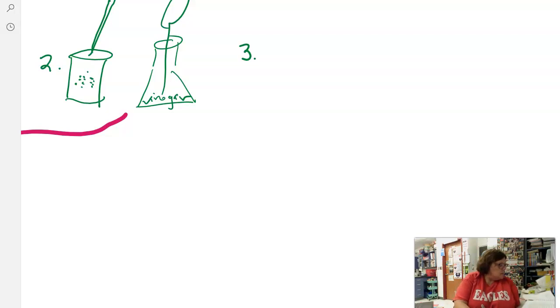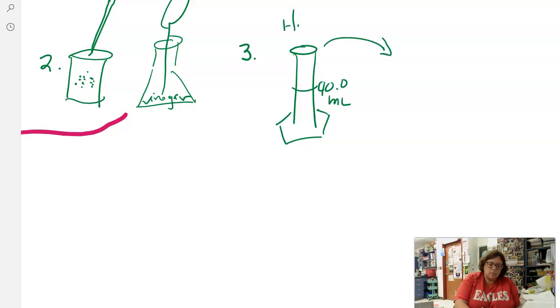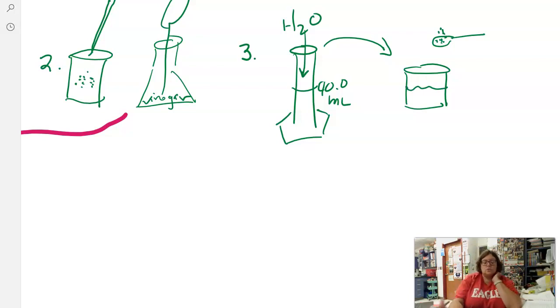Step 3, you're going to measure out 40 milliliters of water into a beaker and stir in a scoop of sugar. I'll probably leave little packets of sugar because I have those, so instead of using a spoon of sugar, you can just put a packet in.